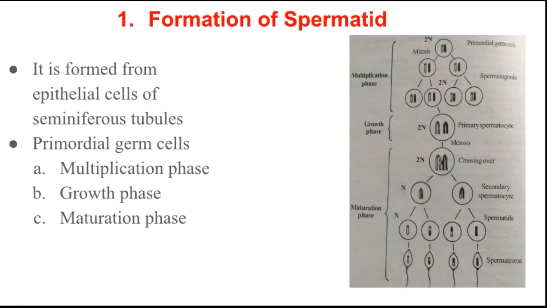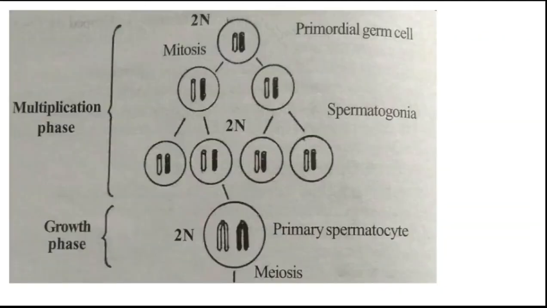These primordial germ cells pass through three phases in their conversion into spermatids. The first is the multiplication phase, the second is the growth phase, and the third is the maturation phase. Let's see them one by one.